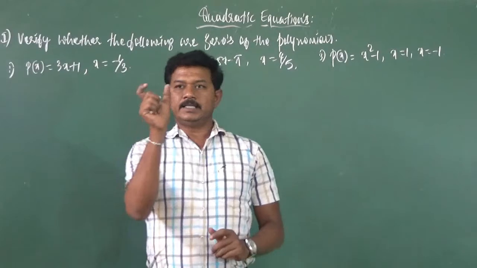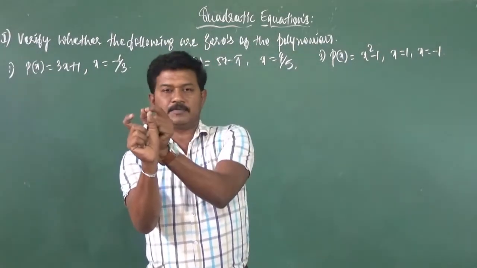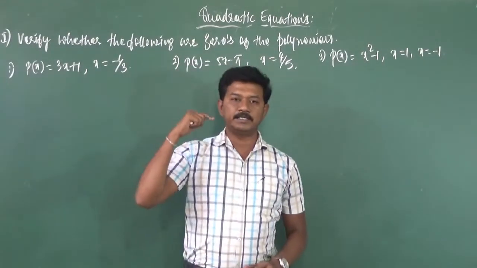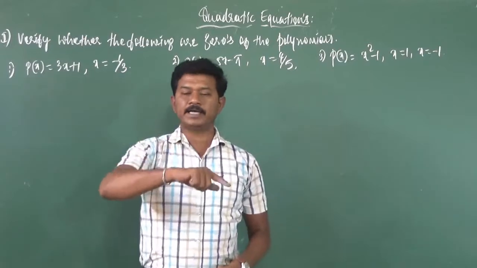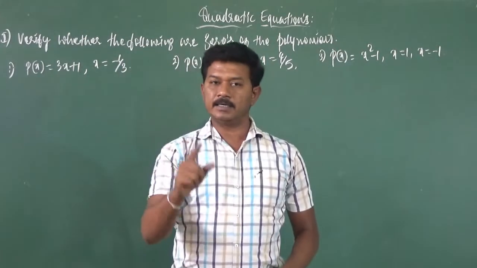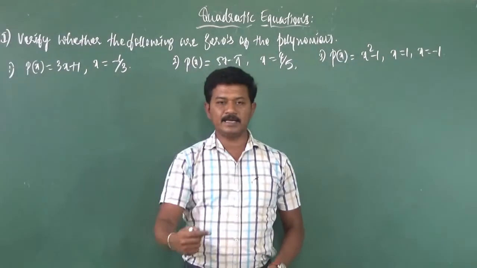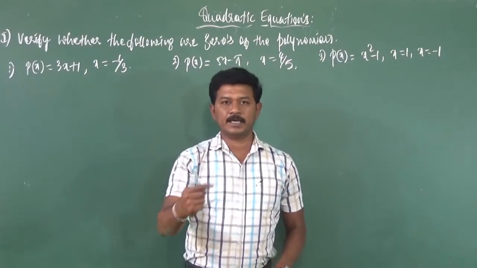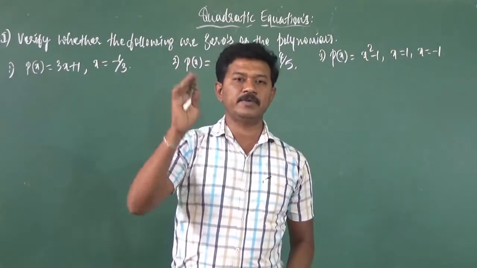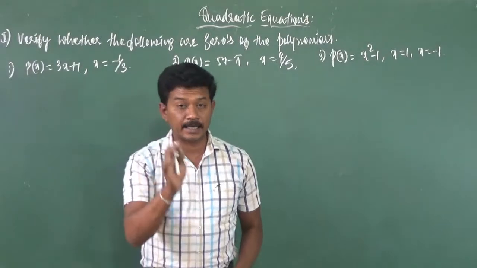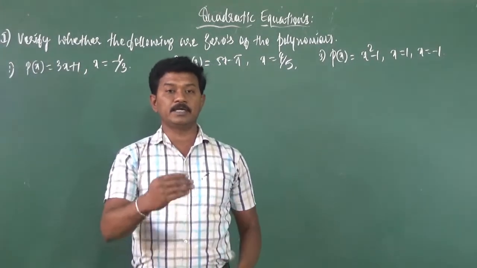Now, in this p of x, if you substitute the value of k in the place of x, that is, the variable in the polynomial, and after substituting and simplifying, at the end you get p of k equal to 0, then we say that k is called the zero of that polynomial, because it has made the polynomial equal to 0.